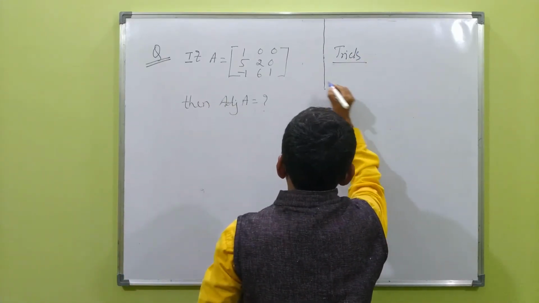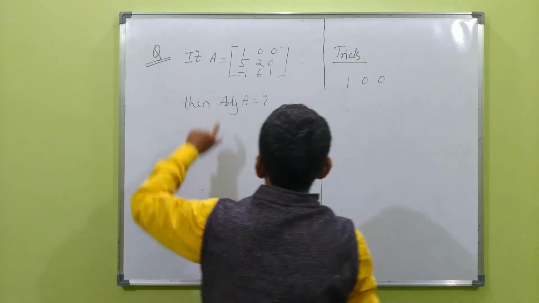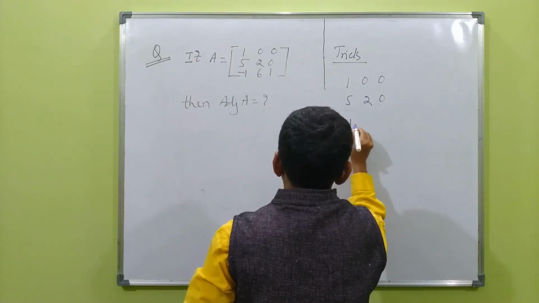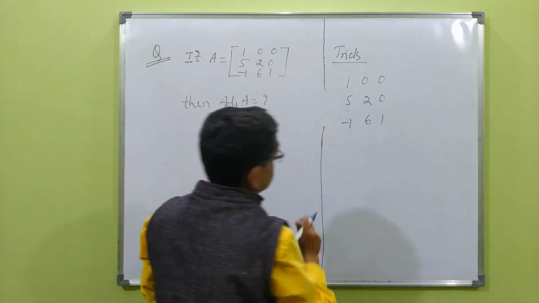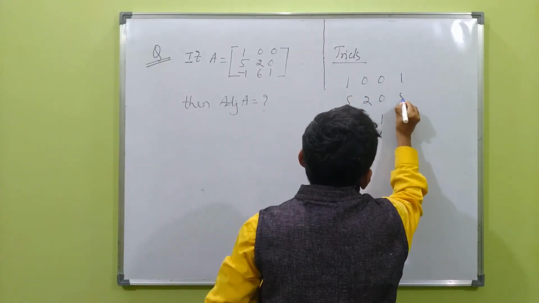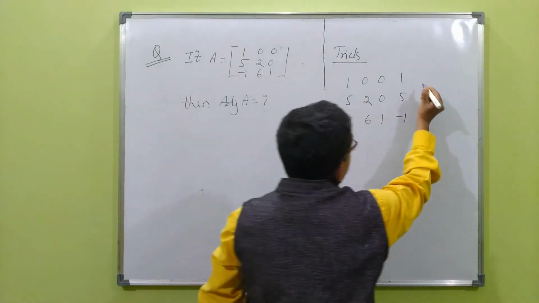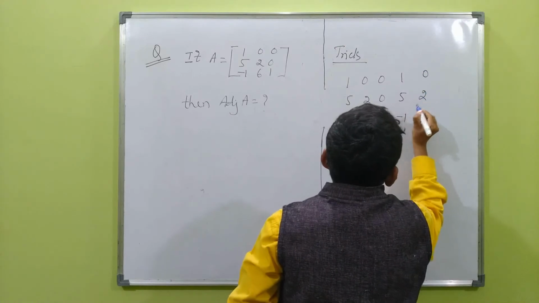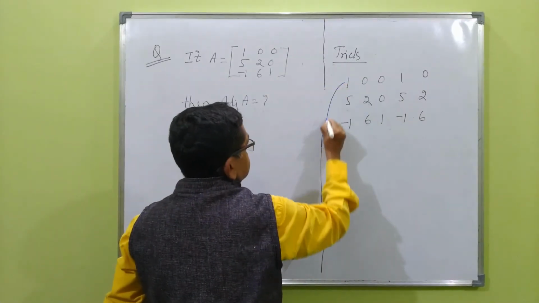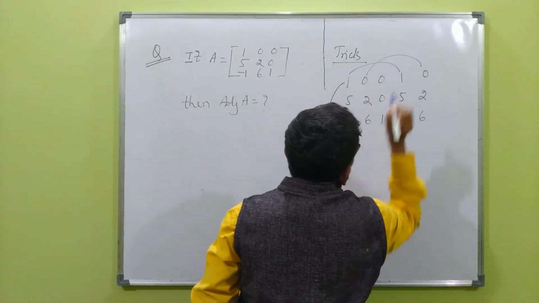write the matrix 1 0 0 as it is, 5 2 0, minus 1 6 and 1. Again you write this first row 1 5 minus 1, okay, and second row 0 2 and 6. Again this, you have to write this column, okay.